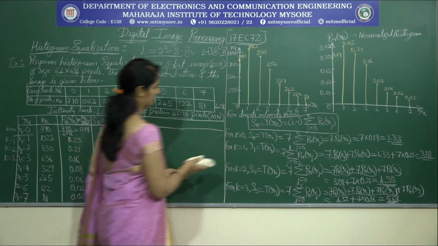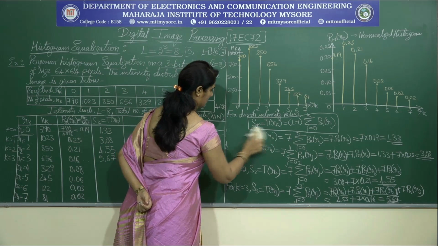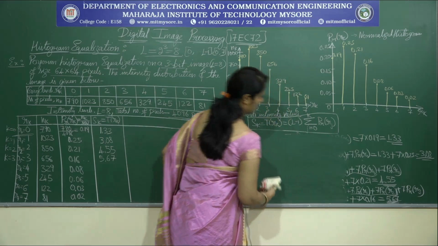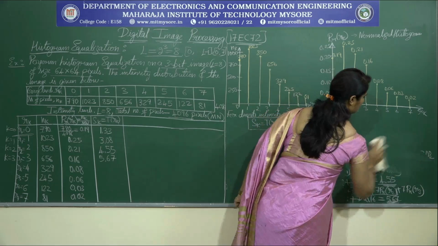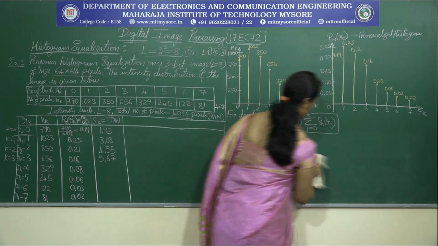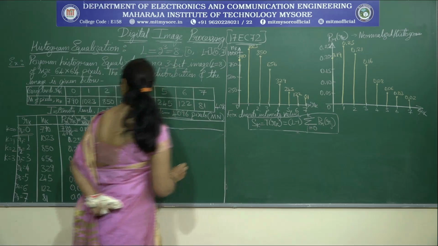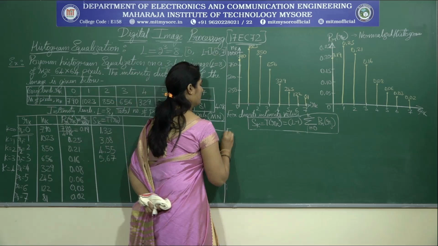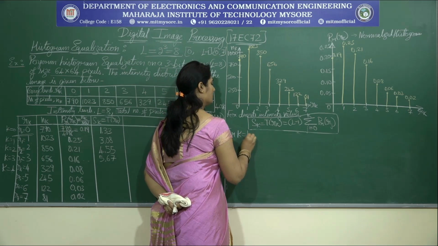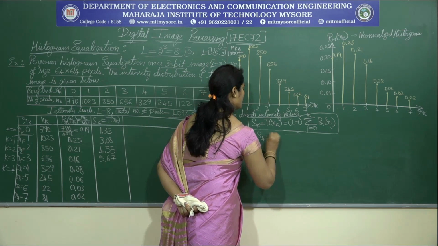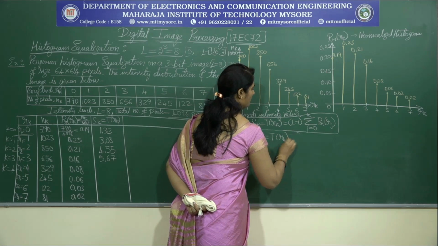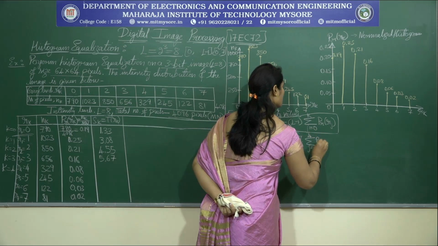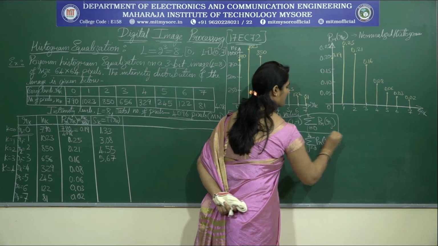Now similarly, for k is equal to 4, S4 is equal to T of R4, which is equal to 7 into summation j equals 0 to 4 PR of Rj.